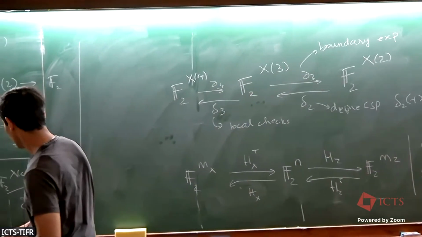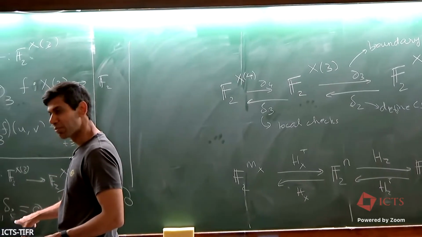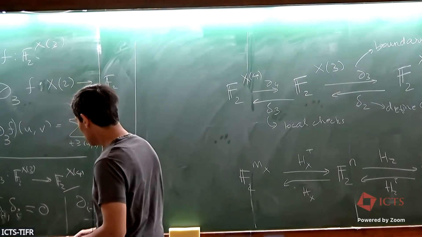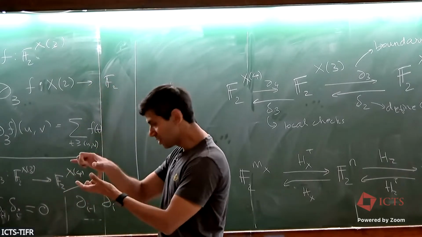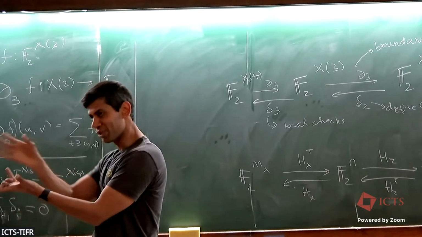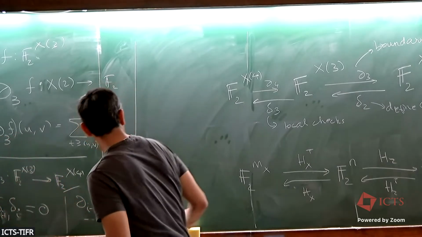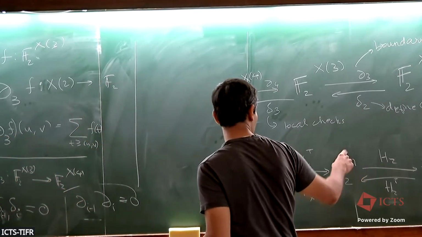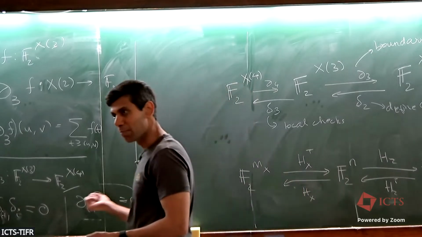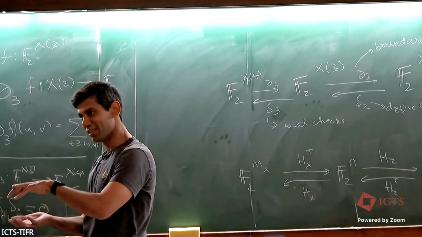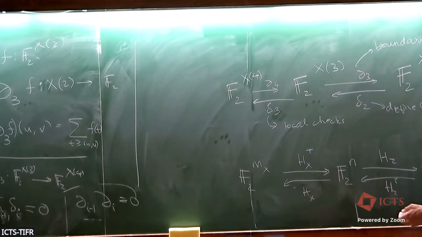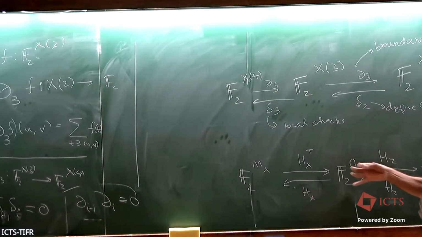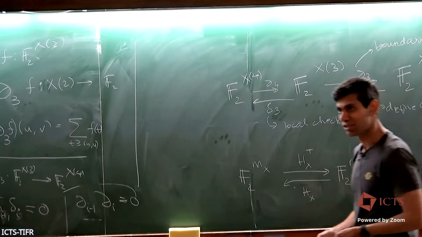That if I looked at delta 3 times delta 2, something which was in the image of delta 2, then delta 3 times delta 2 is 0. Right? And these equations were just in the image of delta 2, just adding all these things, right? So here it can still happen that if I look at some element of Cx which corresponds to Cz perp, adding that will give me 0. Okay? So there this G has to be outside of Cz perp. That is the issue here. The triangles correspond to a Cz perp code word. And Cz perp has small weight code words.